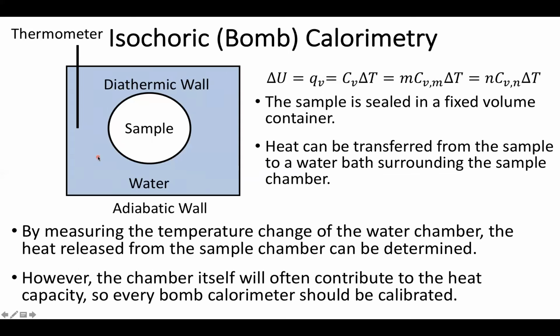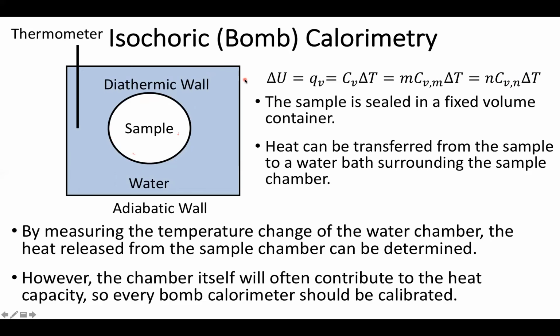However, one of the things we do have to watch out for is that it isn't going to be quite so simple as using the molar or mass or specific heat capacity of our water, because we are going to lose a certain amount of heat to the diathermic walls of the sample chamber, but also no container is truly adiabatic, and so we may see some heat loss to the apparatus itself.